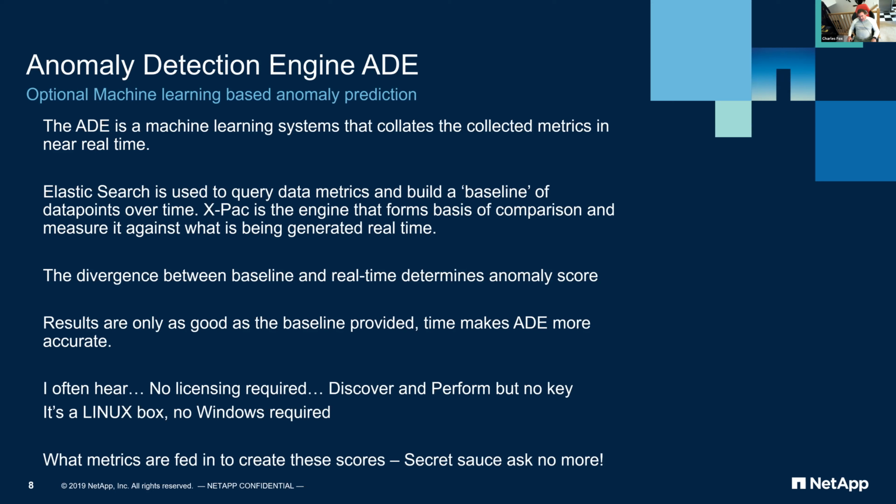So I'd love to tell you more, but long and short of it is I think that's considered trade secret. So it's secret sauce, ask no more. I can't really get into a lot of detail. I can say that I know they're constantly tuning from release to release what sets of metrics they can correlate against each other to get the most interesting results.